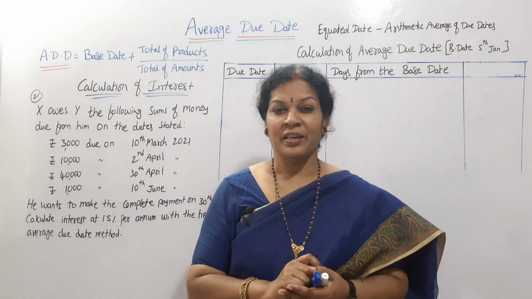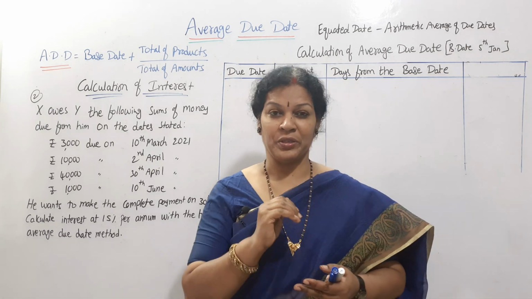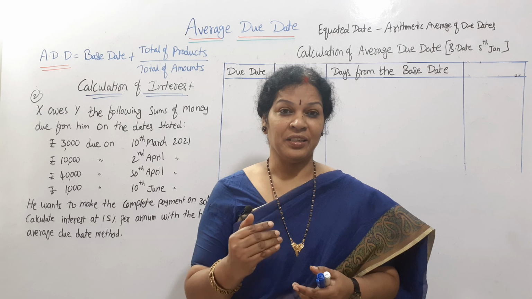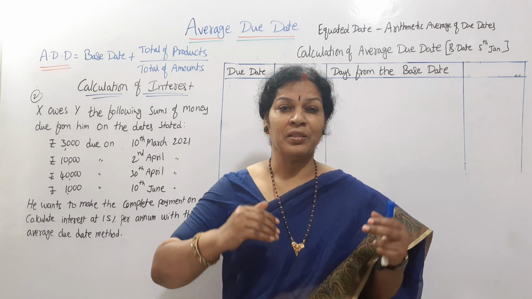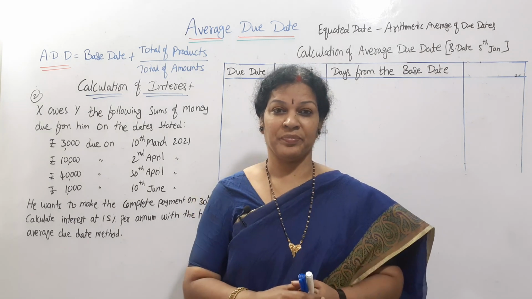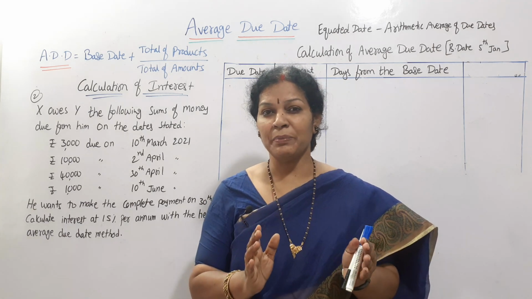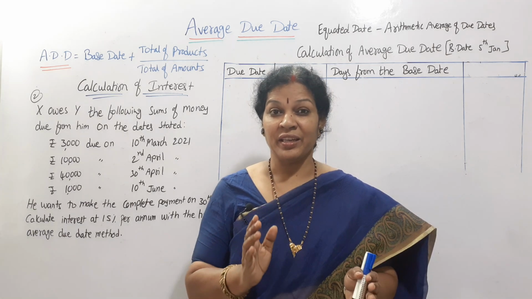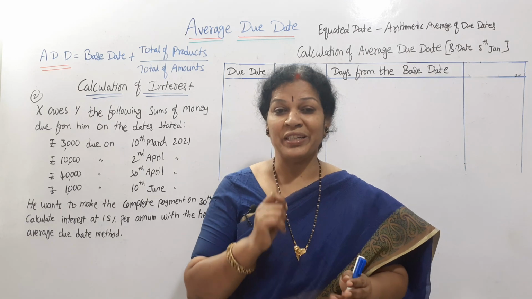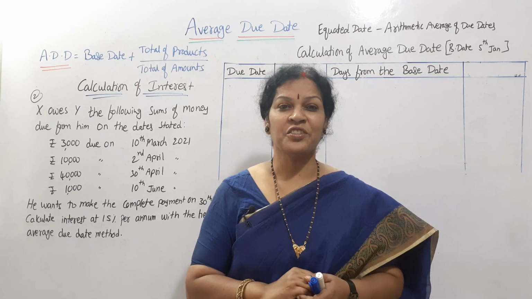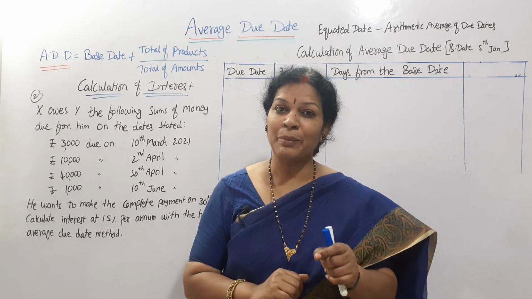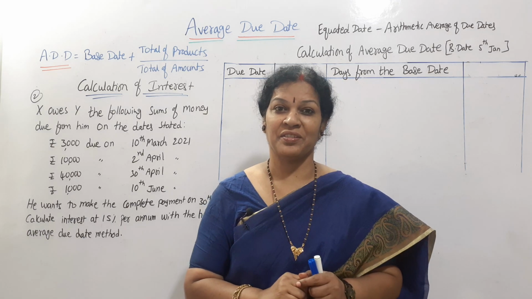Sometimes rather than making an average due date, the payer wants to make all the payment at a time, the total payment at a time. So when he is making payment at a time, that attracts some interest. That interest we have to calculate with the help of the average due date.